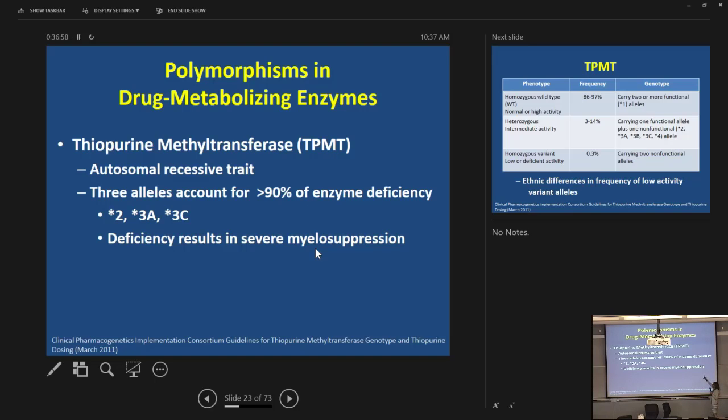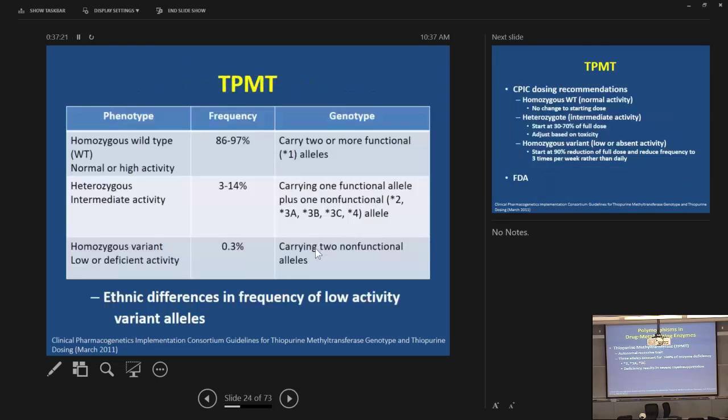Within TPMT, we know there are 3 alleles that account for about 90% of all enzyme deficiencies: star 2, star 3A, and star 3C. This deficiency will result in severe myelosuppression in these patients, which is not great.